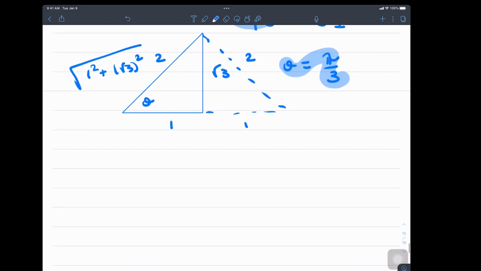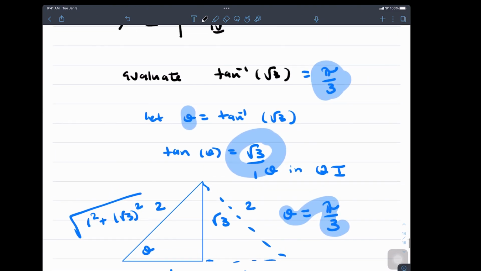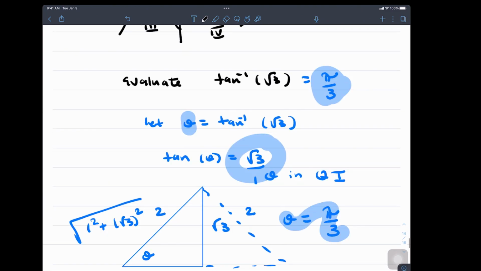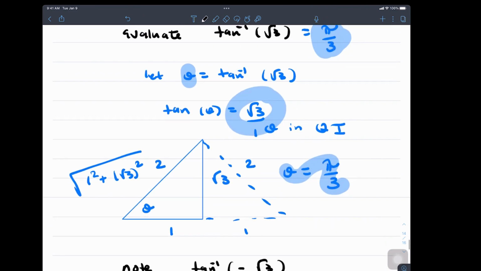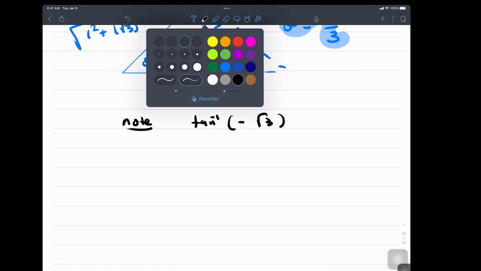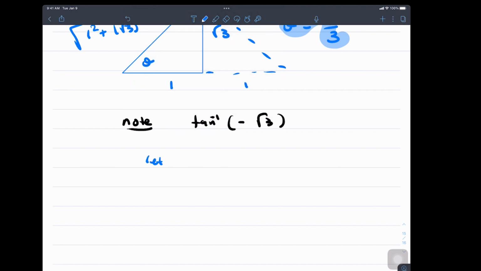And if you said, what if they gave me this? Let's compare and contrast. What if they gave me negative square root of 3 instead? Okay, how does this all work with the all students take calculus and that you only have quadrants 1 and quadrants 4? Okay, the process is exactly the same. You say, let theta be what? Inverse tangent negative square root of 3.